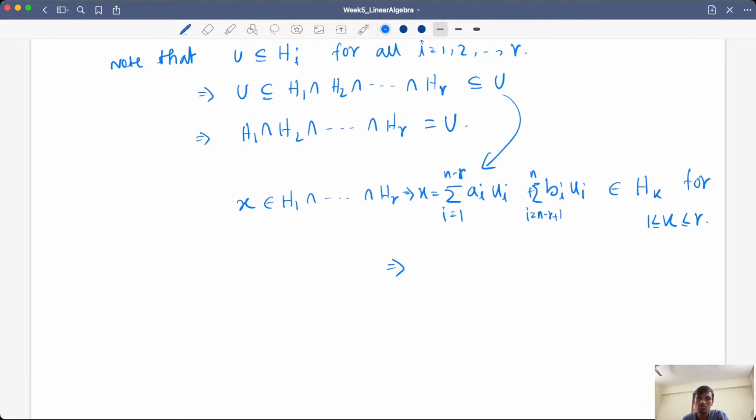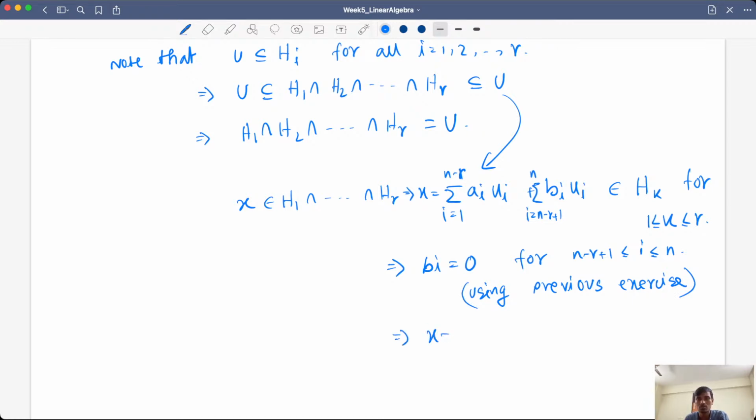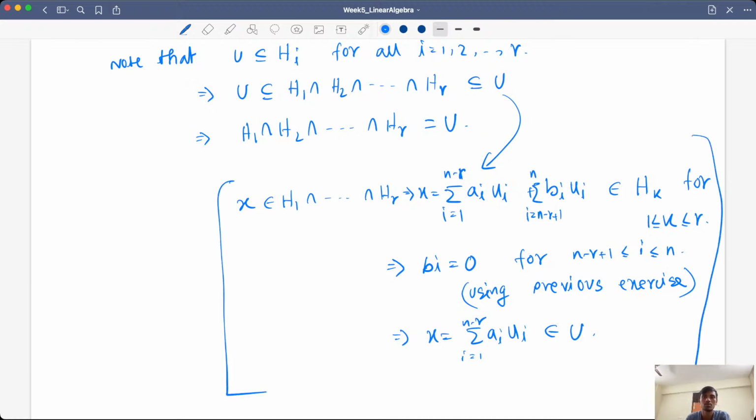So if I do this for all those, I must have bi equal to 0 for n minus r plus 1 less equal to i less equal to n, using the previous exercise. So that gives me that x equals the sum of ai ui, i equal to 1 to n minus r, and that belongs to U. So that's why this inclusion is there, and hence you have the required thing.